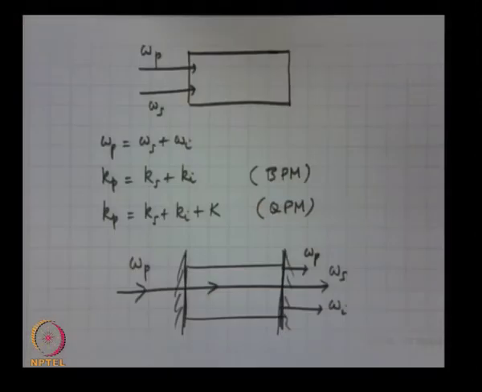After that, the hyperbolic functions change into sine and cosine functions, and the gain drops. I will give you some numbers later on. The range of frequencies over which I can achieve gain is called the gain bandwidth, and that will contain many modes, many standing wave patterns of this cavity.